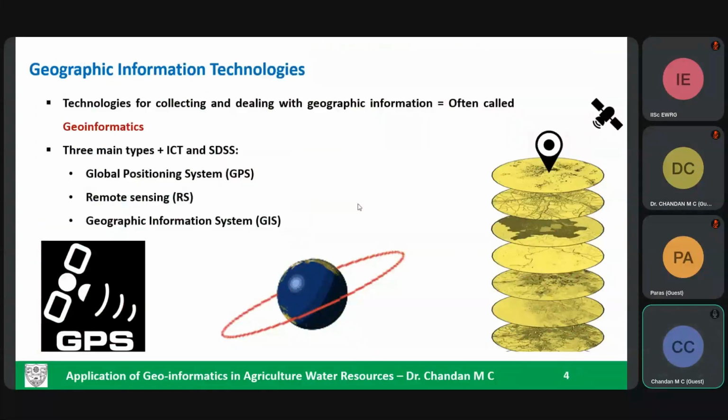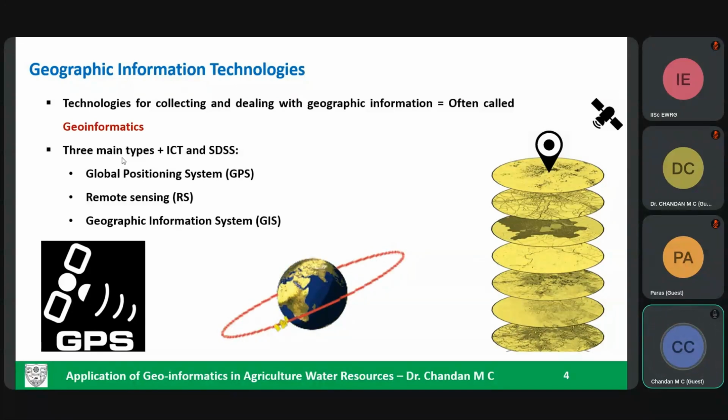And now, as we speak about geographic information technology or geographic information system, one thing that strikes is geoinformatics. That is a term given for three main types under one single umbrella, that is global positioning system, remote sensing, and geographic information system. Along with that, of late, in the recent 8 or 10 years, we also have two technologies.